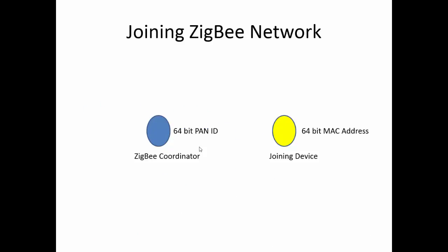Now let's see how a device can join the ZigBee network. Here the ZigBee coordinator has a 64-bit PAN ID and every device has a 64-bit MAC address. The coordinator assigns a short address to itself and sends a permit joining request.